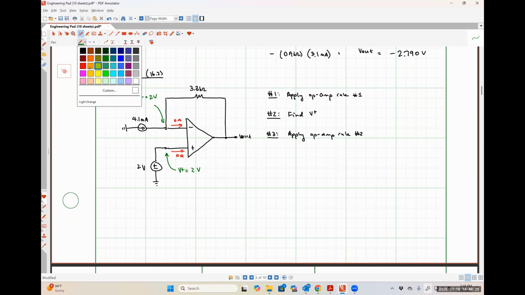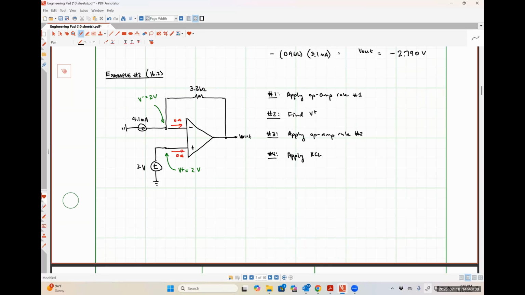Step number 4 is to apply KCL at the inverting input node. So that's going to be me adding this current plus this current together.